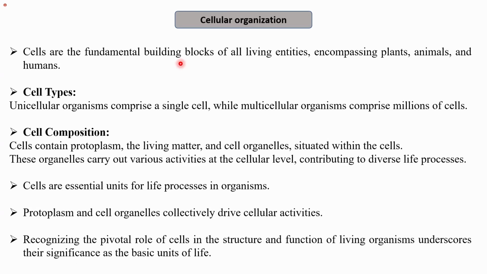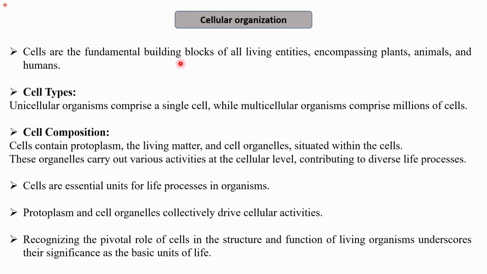The next is the cellular organization. So we know that cells are the basic fundamental units, fundamental blocks of all the living entities, be it plant, animal or humans. So they are the fundamental units of all the living organisms we know. So cells are the basic fundamental unit of life, as we mentioned.